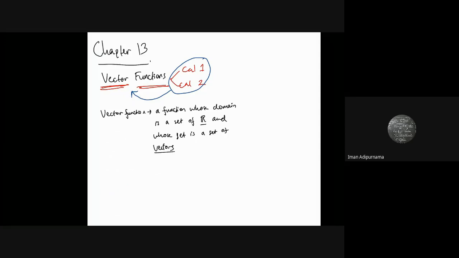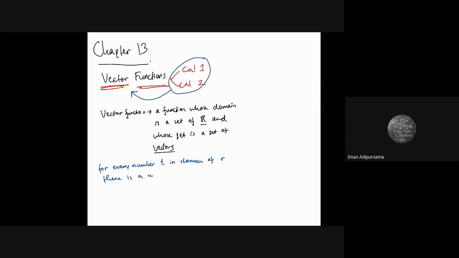Which means for every number, let's say parameter t in the domain of, let's say, R, there is a unique vector, in V3, which means in the 3-dimensional space, denoted by r(t).